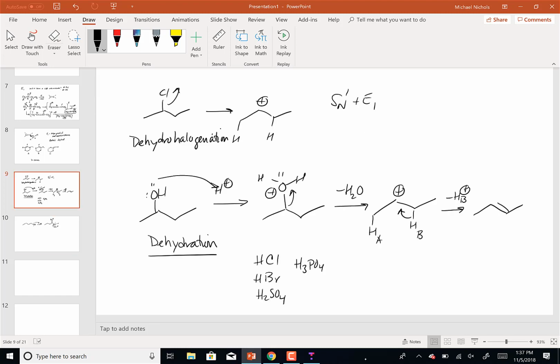Because the problem is, once I form this carbocation, if I use HCl or HBr, what's going to happen with the Cl and the Br? The conjugate base of those acids is a good nucleophile, or a strong nucleophile. So if I use HCl or HBr, one of the halogens is going to come in and add to the carbocation. I'm not going to get elimination, I'm going to get substitution.